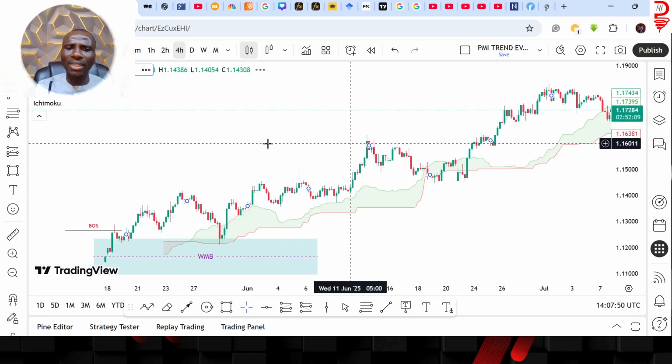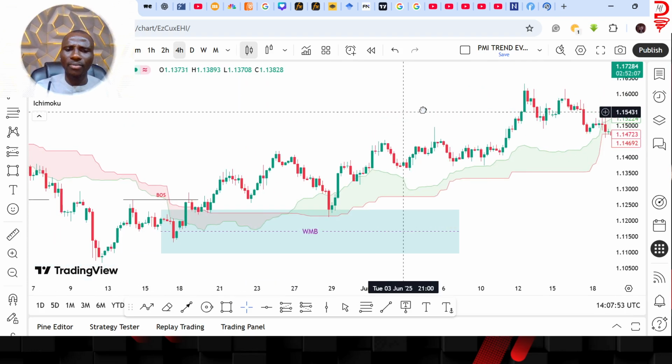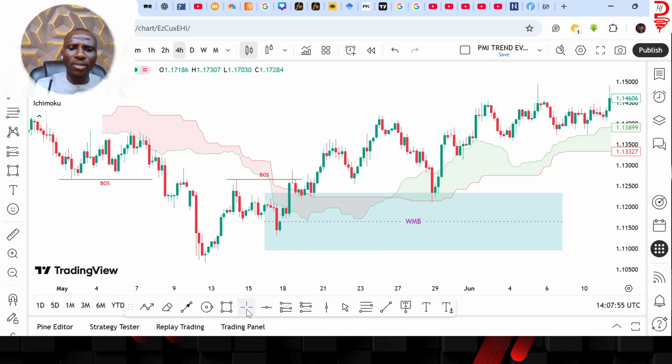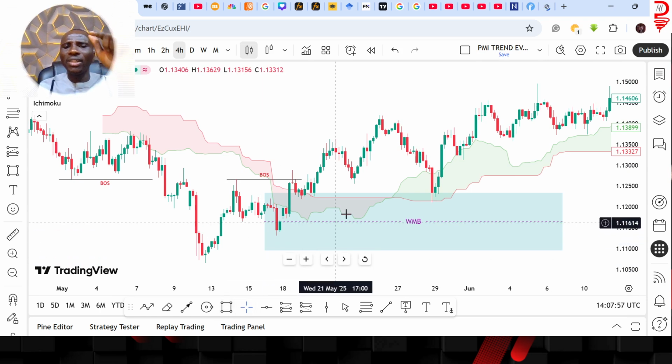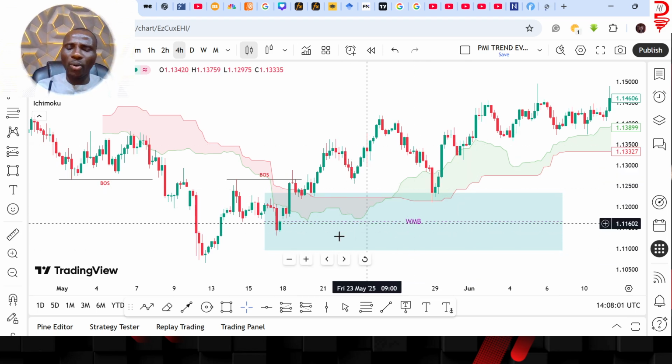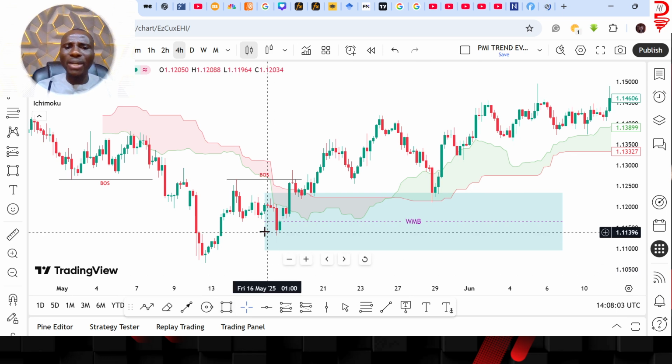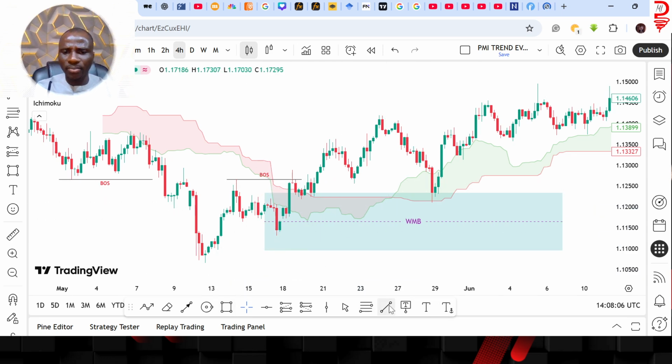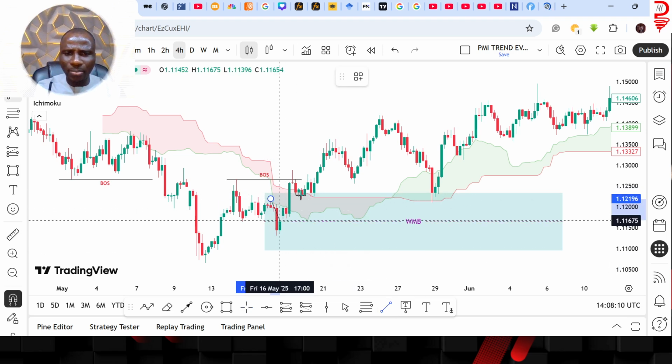So you go to the entry time frame. When you get to the entry time frame, I said that within the money box, look for a break of structure within the money box. You can see something that looks like a break of structure within the money box here.